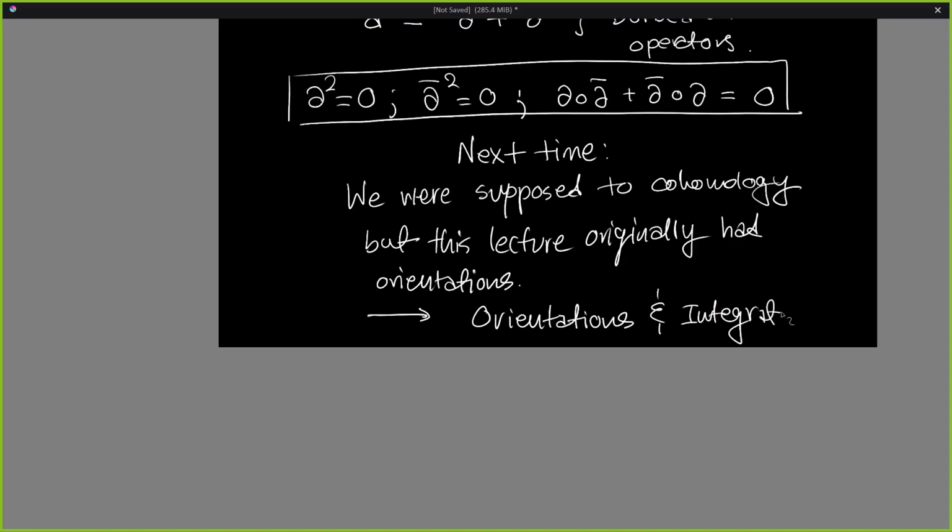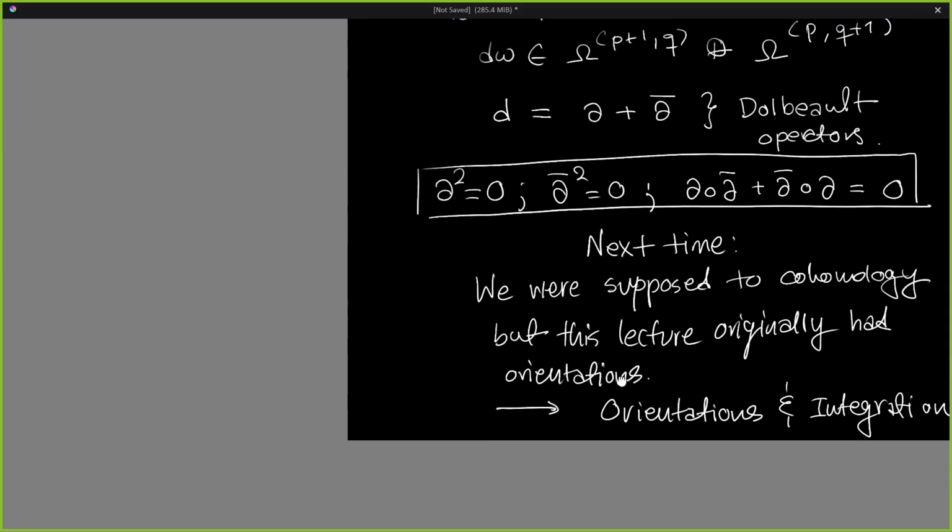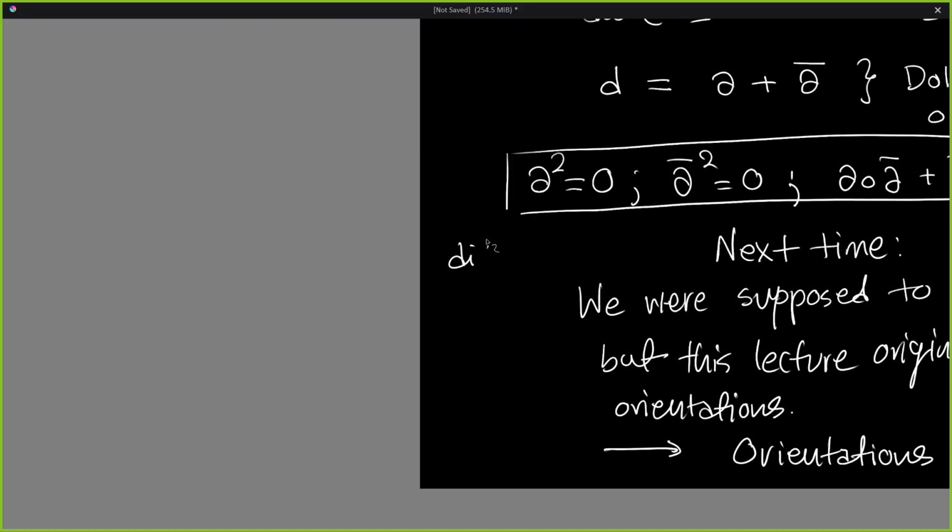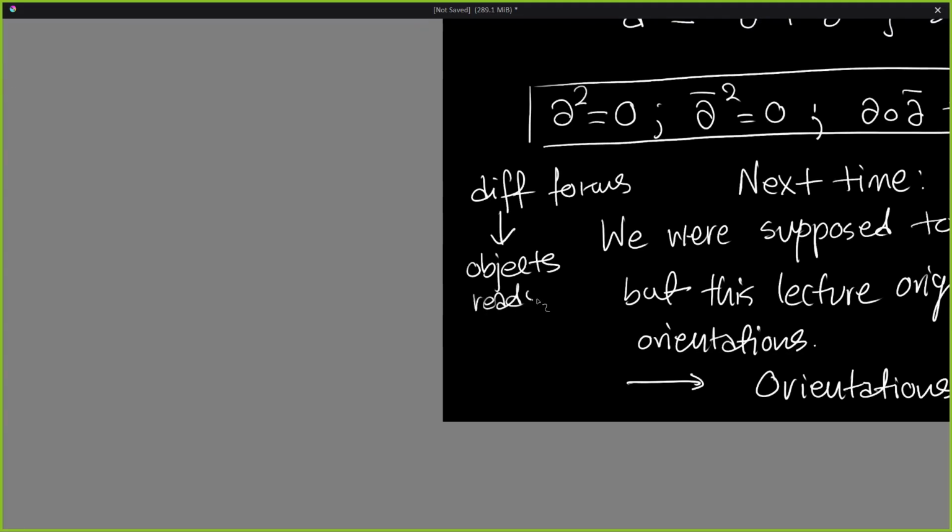Because one of the main interpretations of differential forms is that these objects are ready to be integrated. They're very linked to integration.